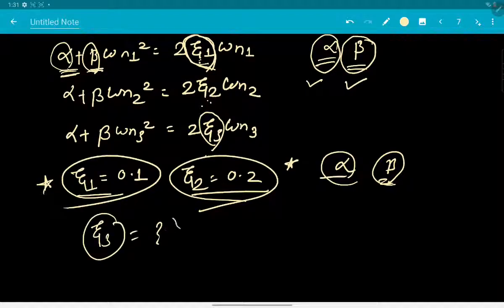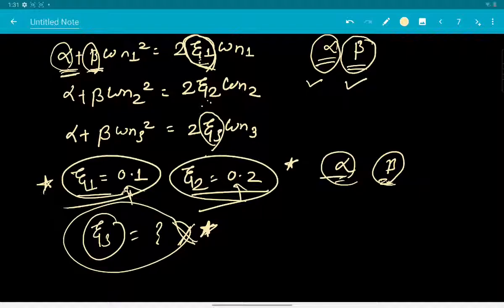I'll check whether I am getting an appropriate value of xi3. If I'm not, then I'll change this slightly, again obtain new alpha and beta, and see whether I get an appropriate xi3. That way you have to keep fitting these values.